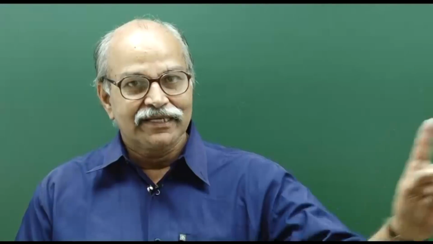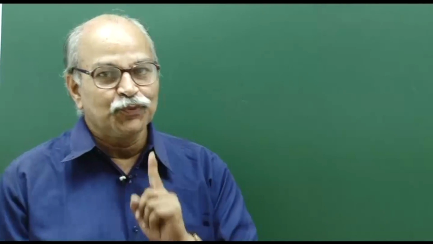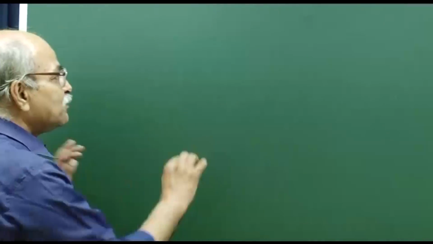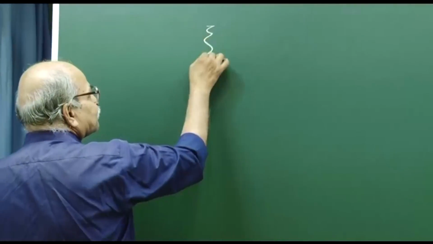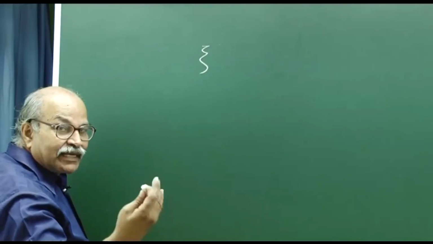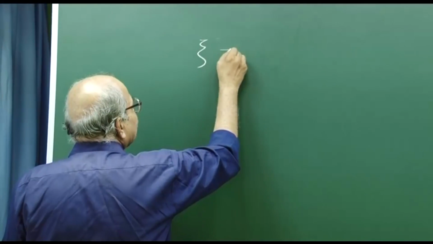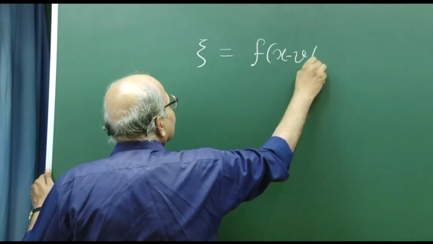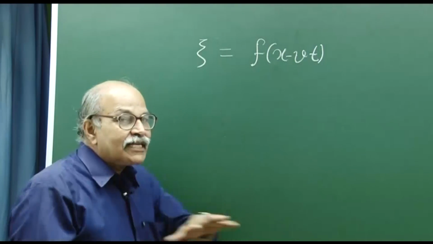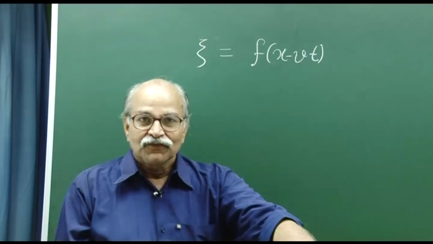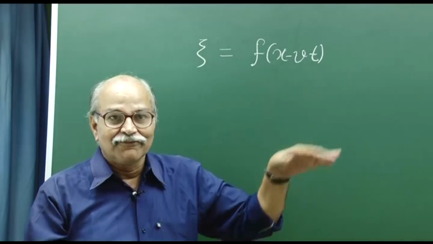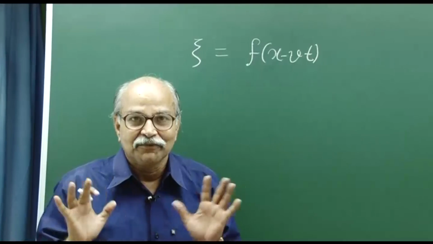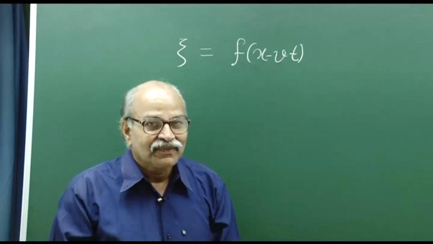So, I said that if the wave is going in x direction, whatever quantity which is changing in space and time should be some function of x minus vt. And all the experiments that I had shown will conform to this if you take proper x axis and all that and make some approximations of course.